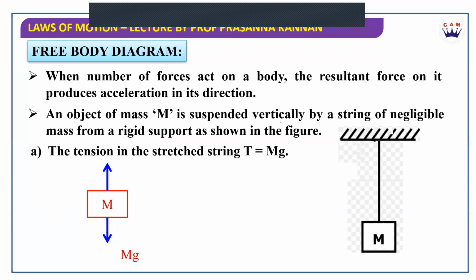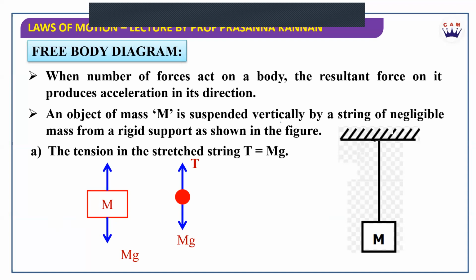Downward direction. And what is the force in the upward direction? Tension, because it is a string. So these are the two forces, right? Whatever may be the body, I will make it into a point. And then I will simply write the forces alone. This method is called what? Free body diagram.